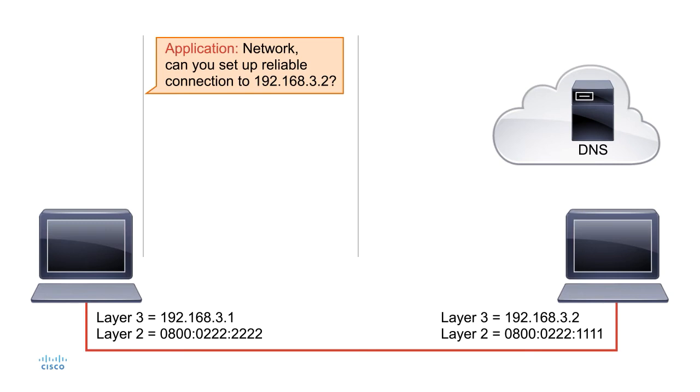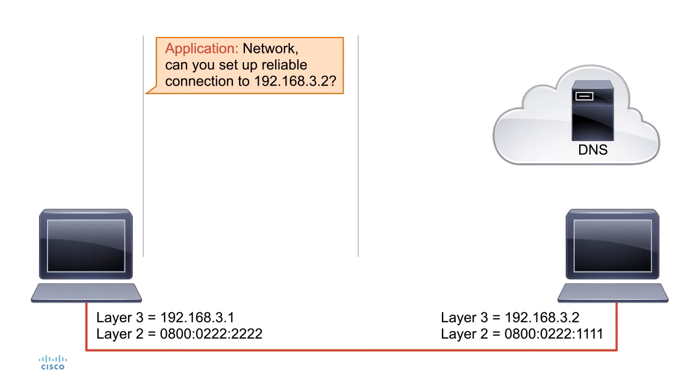Now, I want to set up a connection to 192.168.3.2. Now, if we look at this topology, 192.168.3.2, this is the destination. So the application passes off the data to the application layer of the OSI model, or the application layer of the TCP/IP stack.